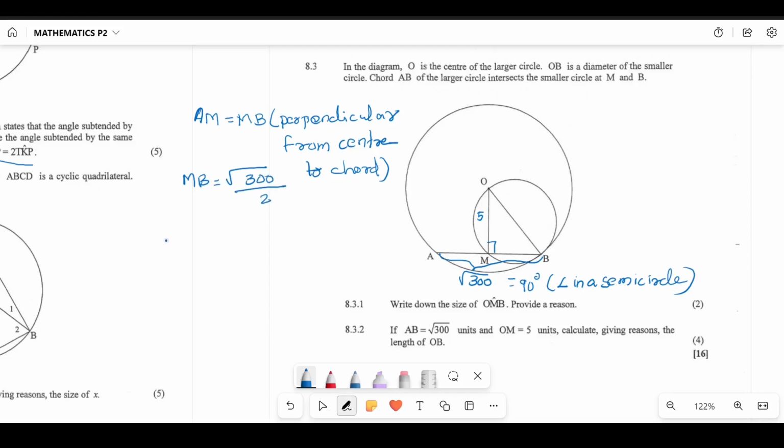Now we can use the theorem of Pythagoras. OB square is equal to OM square plus MB square. OM is 5 square plus square root of 300 over 2 square.